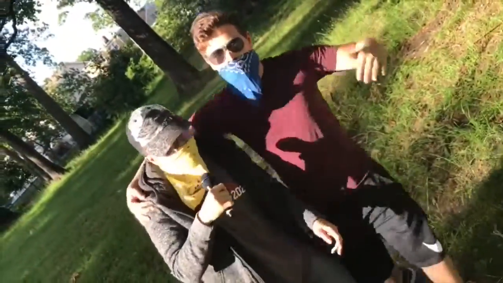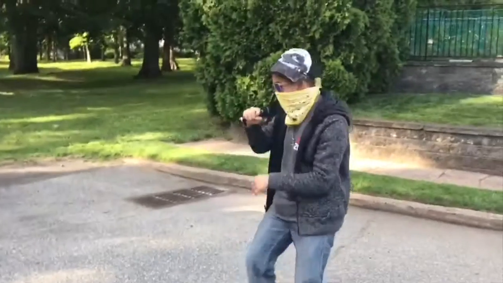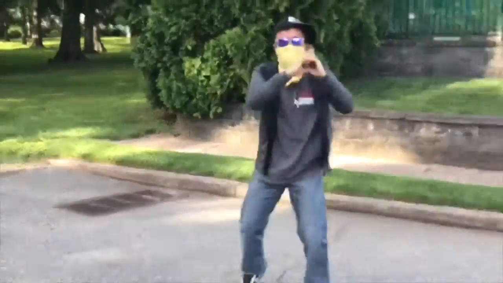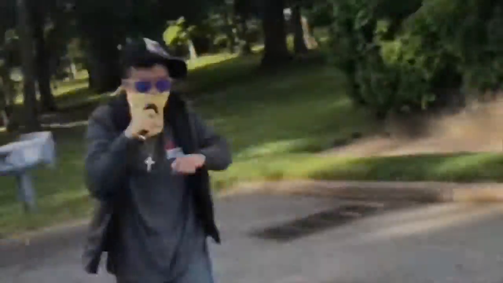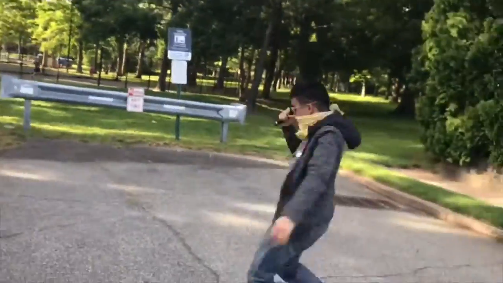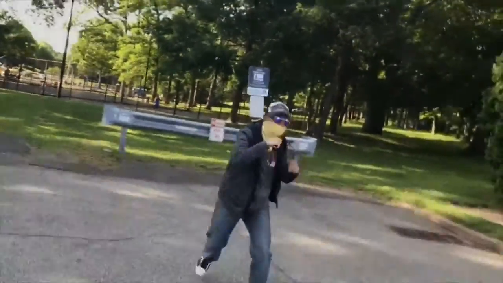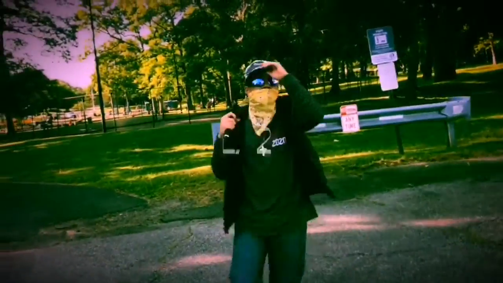Now there's growth and decay. If y is a differentiable function of t, such that dP dt equals kP times L minus P, then P equals L divided by 1 plus c e raised to the negative LKt, and the limit of P of t as t approaches infinity equals L, the carrying capacity. dP dt is at its max, which means the rate of growth or decay is increasing or decreasing the fastest, where the function reaches half its carrying capacity, which can be written as L over 2.